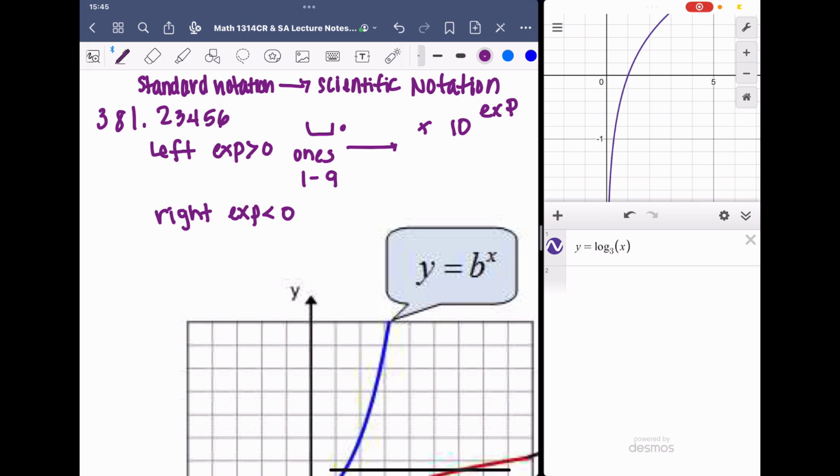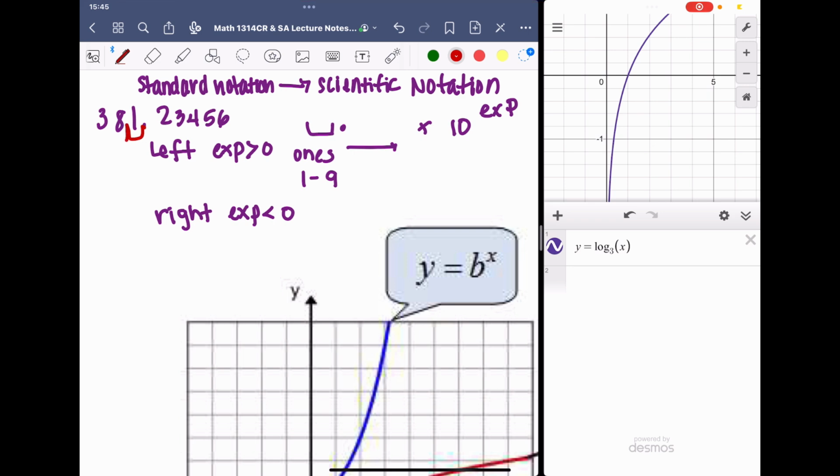Okay? So we're going to do this first example. We're moving the decimal place to the left because our first number has to be between 1 and 9. It can't be 381. Between every number is considered a decimal place.